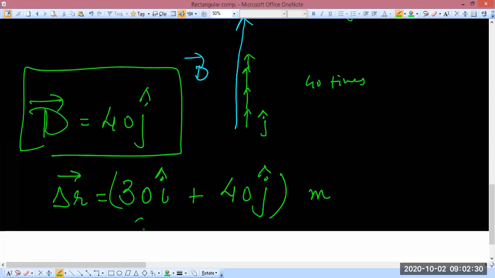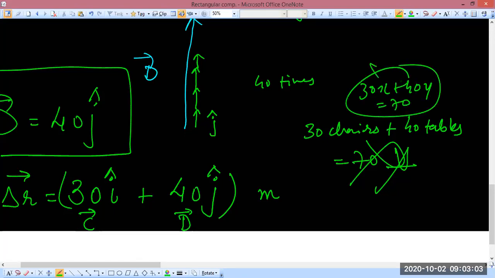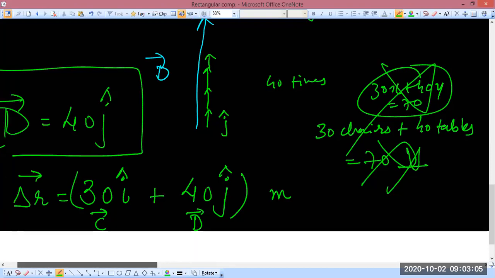This is C and this is D. I hope that is clear. You can't add, remember: 30 chairs plus 40 tables is not 70 anything. This is wrong. Just like 30x plus 40y is not 70. So you can't add them. Remember that.